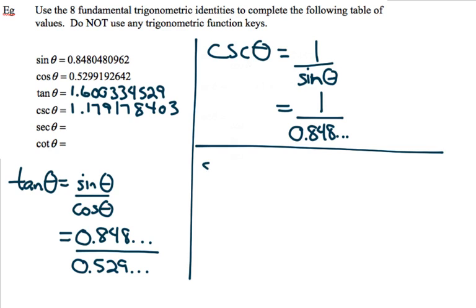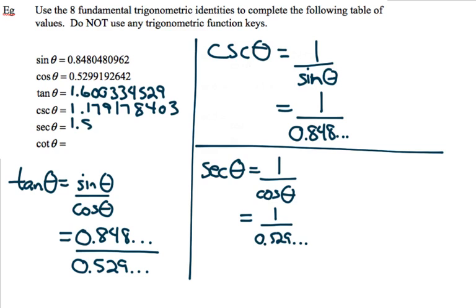So we can use that secant theta equals 1 over cosine. Cosine is 0.529, and so on. Put that into the calculator, and secant is 1.887079915.